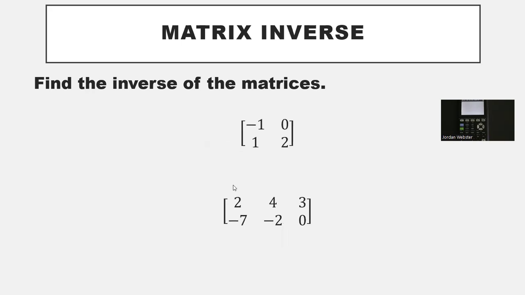Now, one last thing on our calculator that we're going to do is deal with the inverse of a matrix on the calculator and how to multiply with the inverse of a matrix.